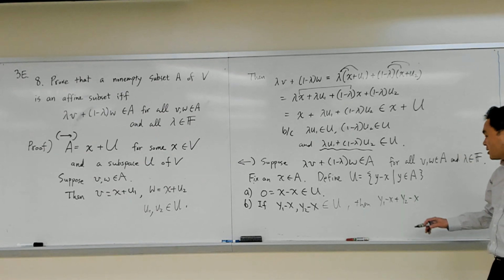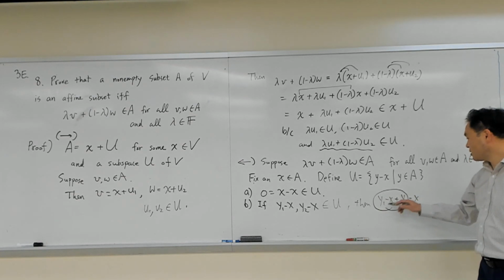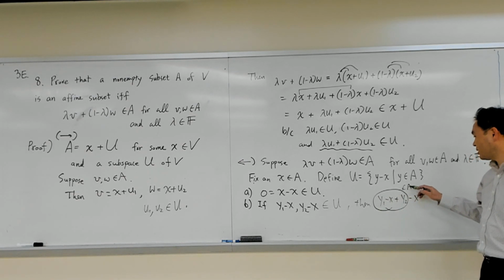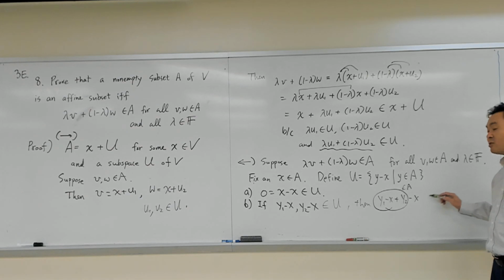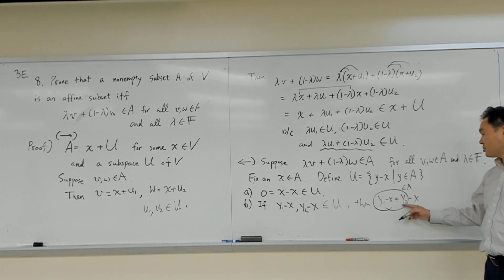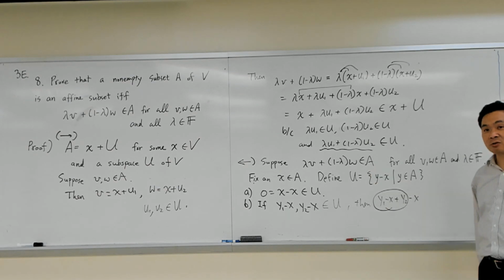See, the thing is, if I can show that this is in A, okay? If I can show that this is in A, then it's in U. We're done, right? So I need to show this, but to show this, we better have this being true.